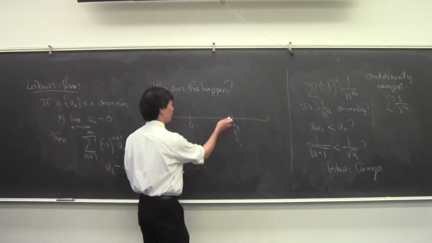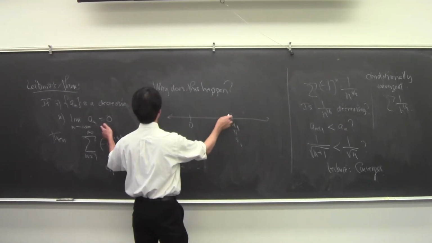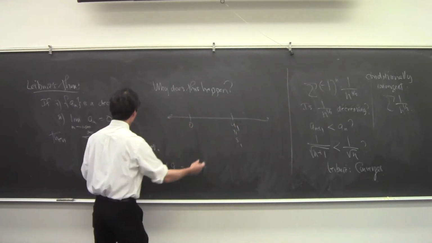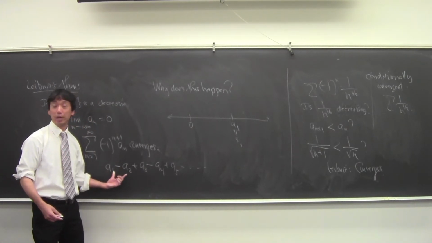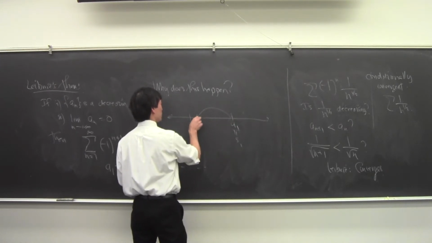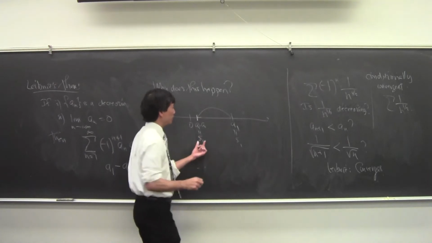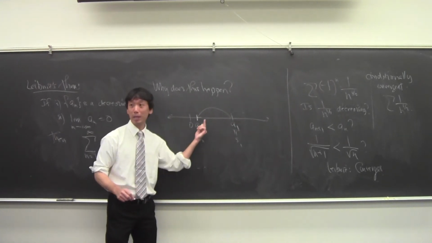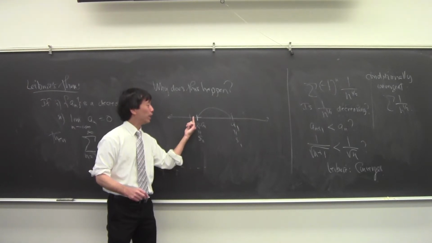So we're going to subtract a2, but a2 is smaller than a1, so we go back to some point. We get a1 minus a2, that's our second partial sum. But we don't go all the way back to 0, or at most we go to 0.